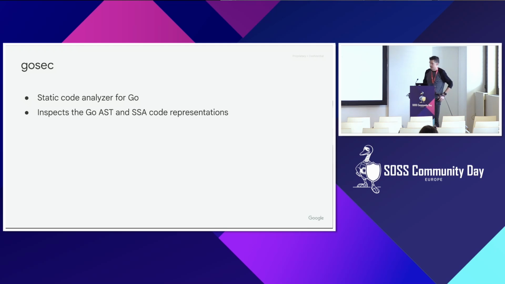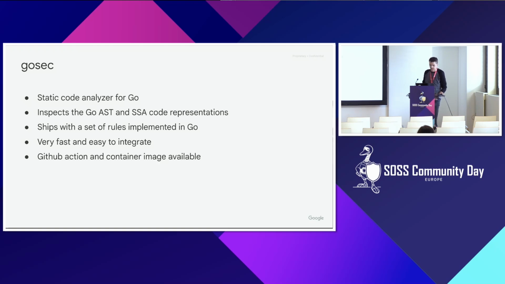Basically it inspects the abstract syntax tree and the SSA, the static single assignment code representation. It ships with a set of rules which are implemented in Go, so it runs very fast, even in large code bases.